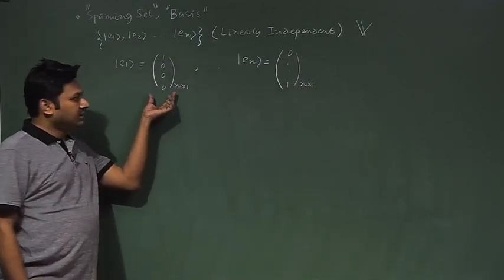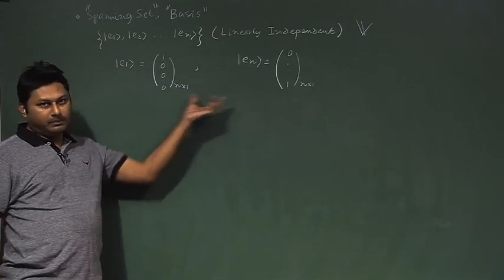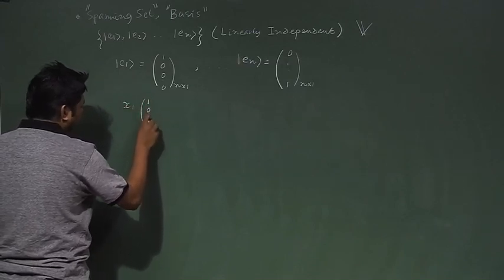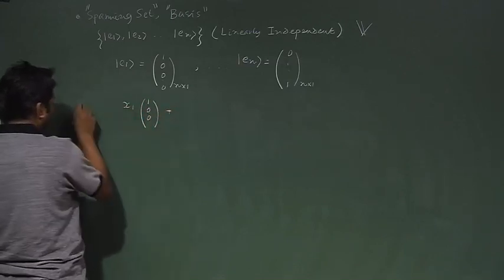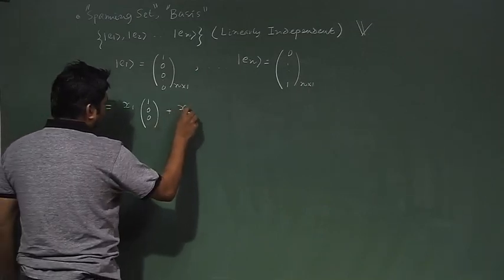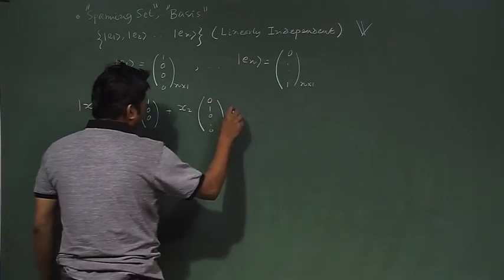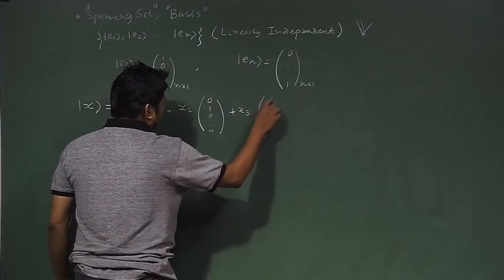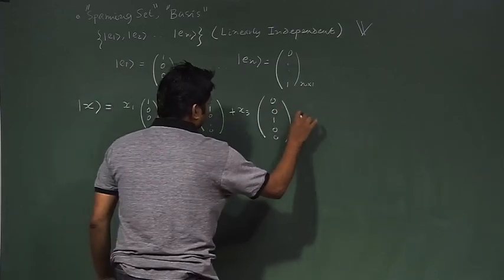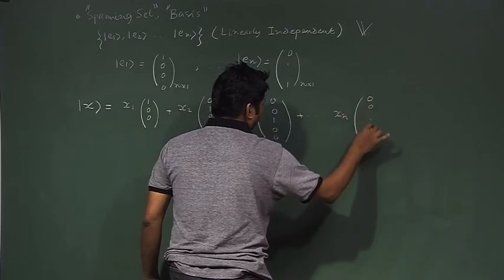This is another notation, the n-tuple notation, and any vector I write in this form: x1 multiplied by 1 0 0, plus x2 multiplied by 0 1 0 0, then x3 multiplied by 0 0 1 0 0 up to the n-th term, and so on up to xn multiplied by 0 0 1.